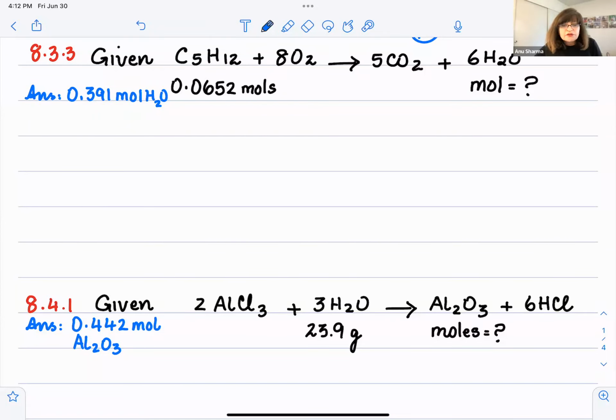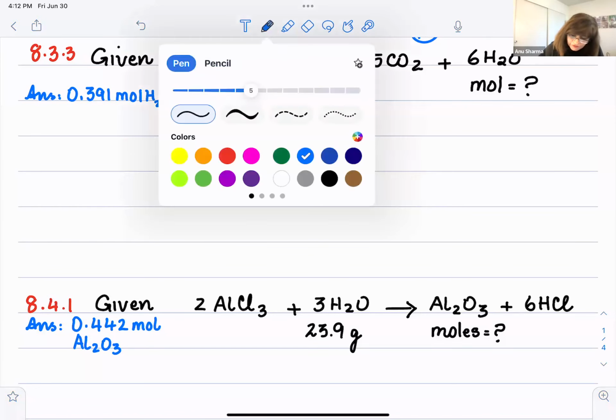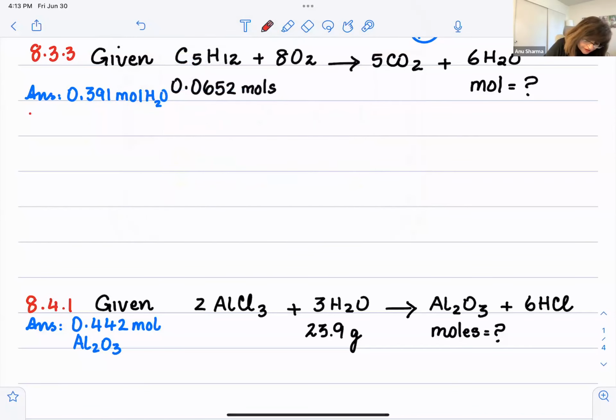a reaction, and this is a combustion reaction in which they are combusting pentane, C5H12. This is the name of this organic compound, and they are giving you the moles and asking to find the moles of water. So here is something you have to understand: the mole to mole ratio.